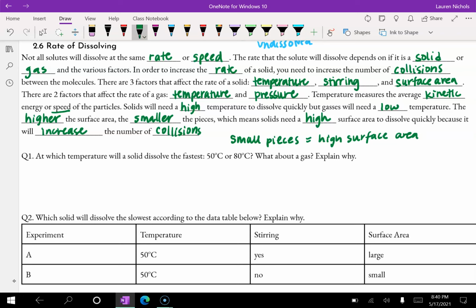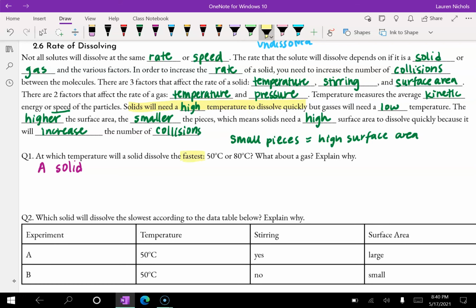So when we look at question 1, it says, at which temperature will a solid dissolve the fastest, 50 degrees Celsius or 80 degrees Celsius? What about a gas? Explain why. So when we talk about a solid, we know from what we just read and wrote down that a solid will need a high temperature to dissolve quickly.